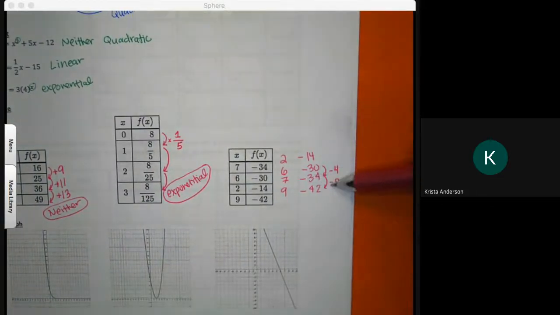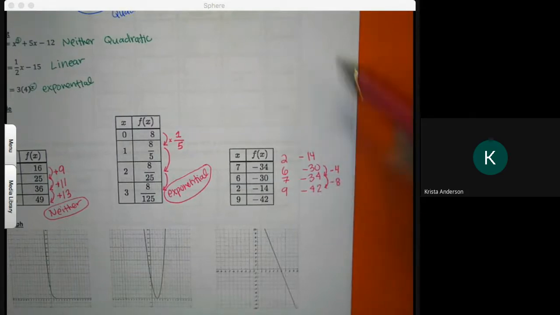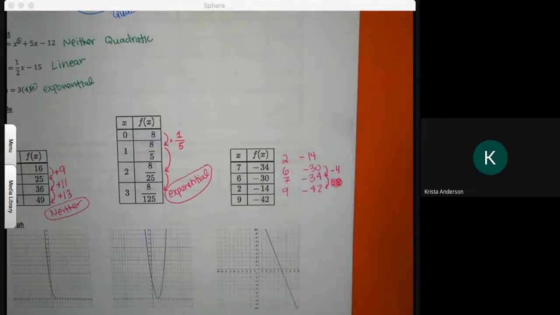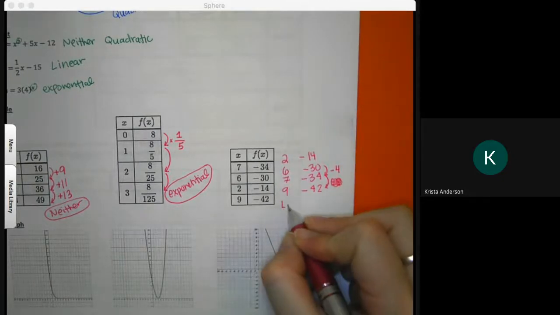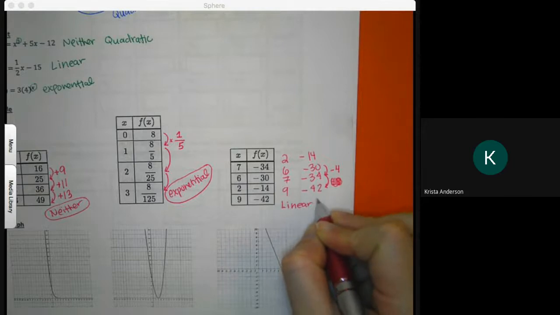Negative 34 minus 8 is negative 42. So because this was one step and this is a 2-step, these are actually the same. They're subtracting 4 every step throughout. This would be linear.